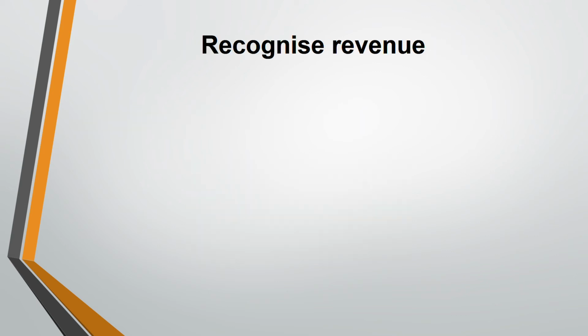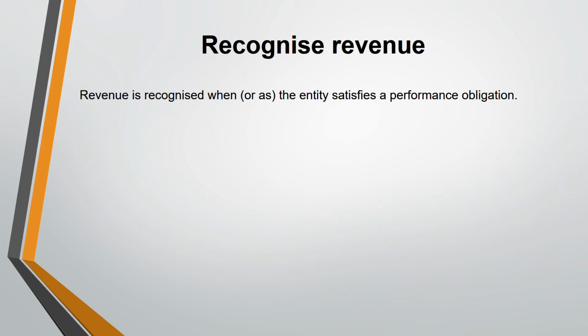Now recognize the revenue. This is the final step where you have to recognize the revenue. Remember, revenue you can recognize in two ways: at a point in time and over a period of time. But before coming to that, first of all, when do you recognize revenue? Revenue is recognized when the entity satisfies a performance obligation.